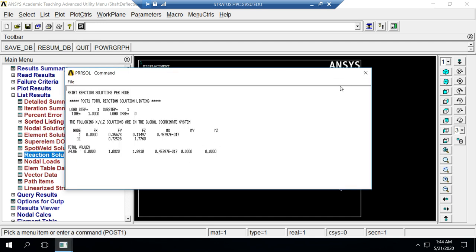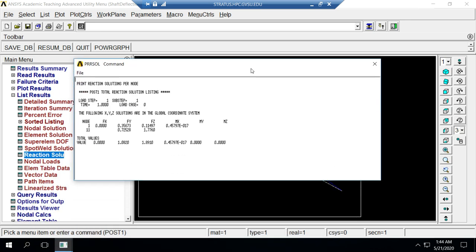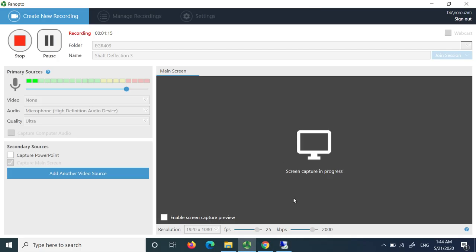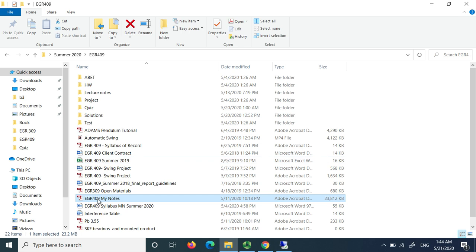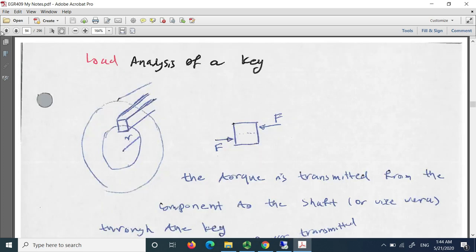And if you remember, we had node number 1 on the left side, left bearing, and node number 11, the right bearing. And also if you recall, we had, let me open my notes again. So page 94, I think it was. No, a bit above.